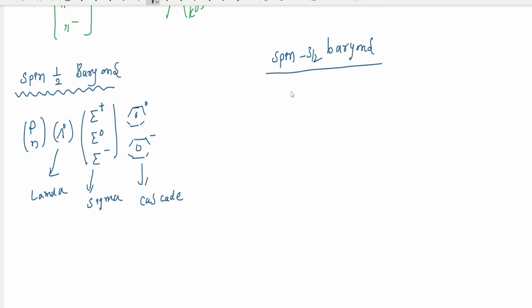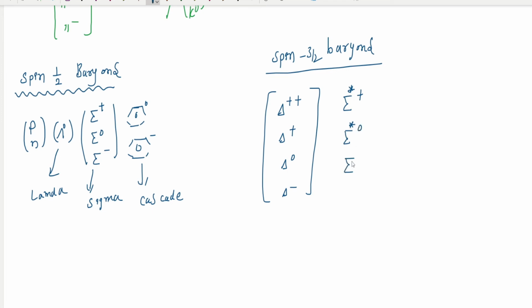Delta plus plus, delta plus, delta naught, delta minus, sigma star plus, sigma star 0, sigma star minus.